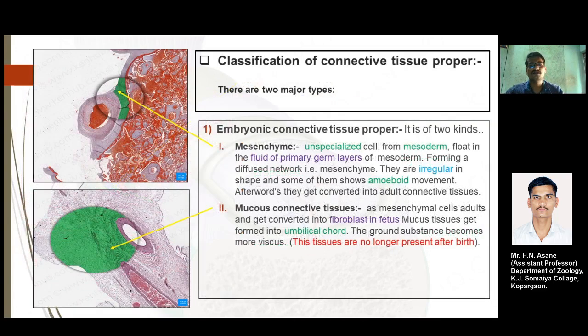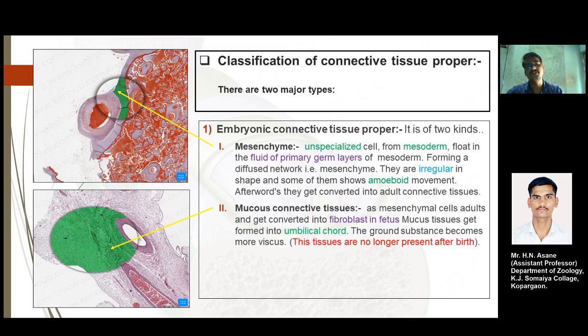So, classification of connective tissue proper. Now we are going to come to what is the connective tissue proper and its classification. The connective tissue proper means the connective tissue after the maturation from the embryonic or fetal conditions to the adult one.